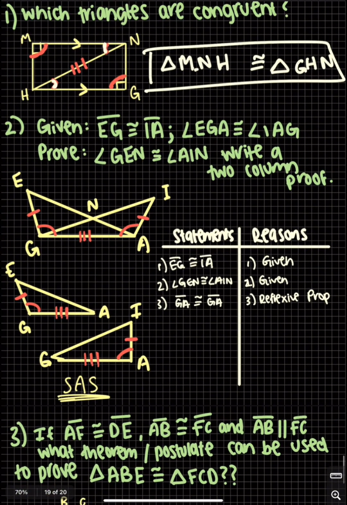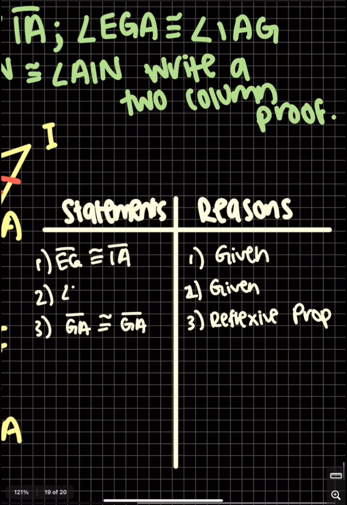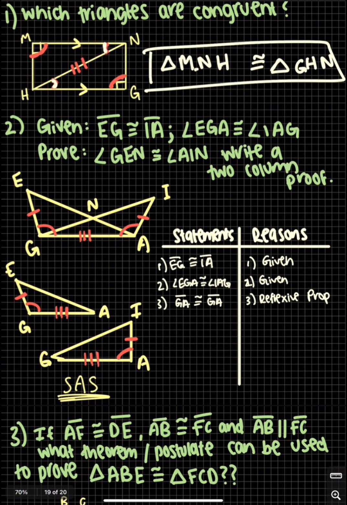But the question doesn't say to prove that the triangles are congruent. The question says to prove that angle EGA is congruent to angle IAG. I'm sorry, I really messed up here and wrote the wrong things.